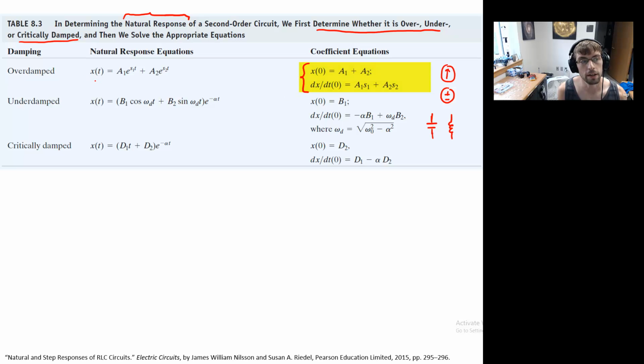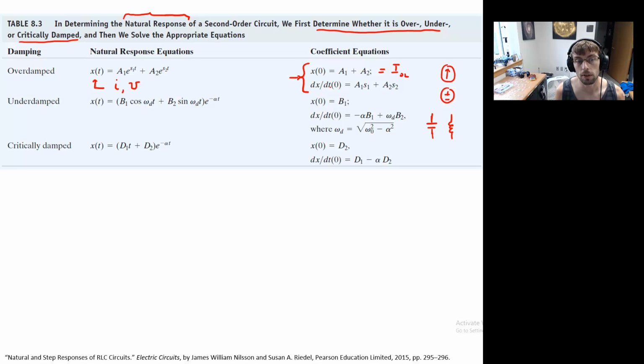What X represents could be the time varying current or the time varying potential, either one. So over here it says, okay, if you're dealing with, let's say, the time varying current, then at X naught, you have some relationship between the two coefficients, and you would set this equal to the initial current flowing through the inductor, for example.